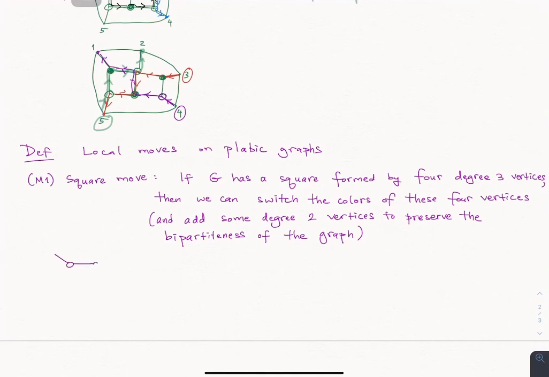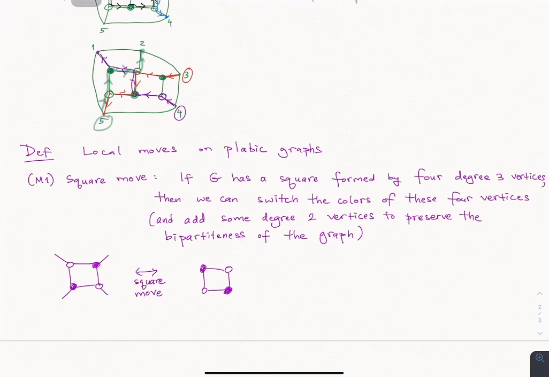So if locally the graph has this square face, then I can apply this square move. So I change the colors of the vertices to the opposite colors. But if I just do that, the rest of the graph will no longer be bipartite.